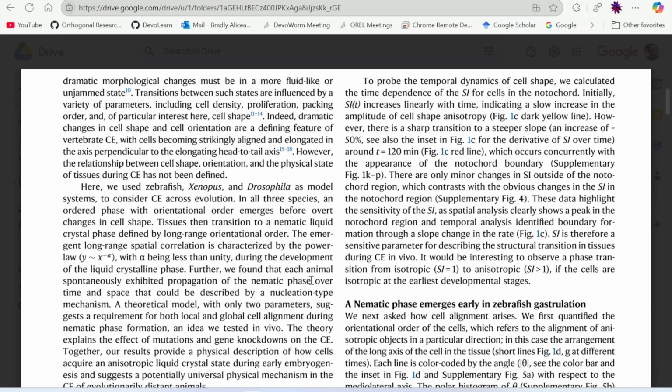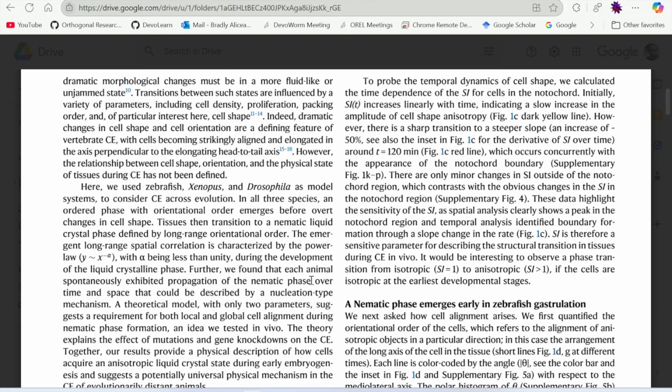And then this leads to the order or the orientation of the cells, because the orientation is important in determining this density, because if they're all in the same direction, they can pack more densely, and if they're not in the same direction, they can't. It also governs other types of migratory behaviors.